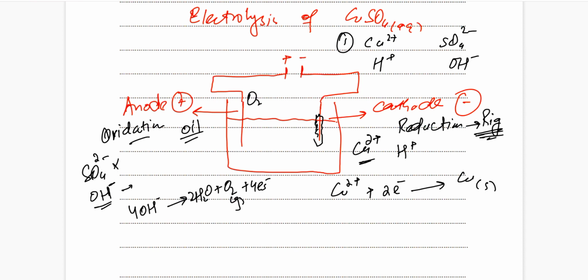So one more thing which we had to make it clear over here, that which type of electrodes we will take over here. Okay, so we can take here the inert electrodes. You can say that we can take here the copper anode.